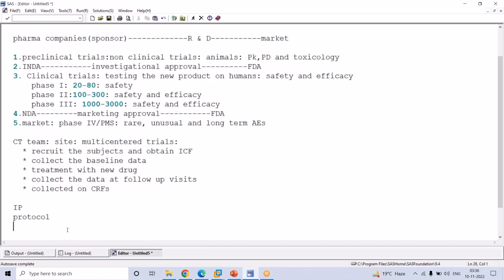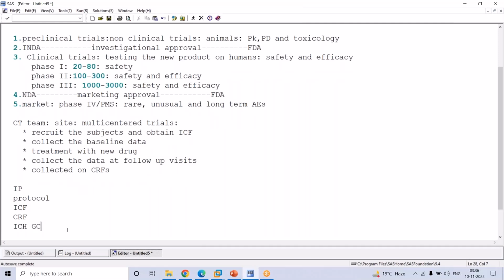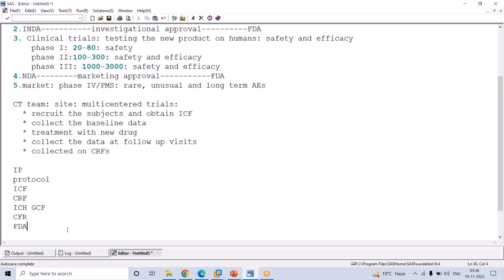You just need to know these: IP, protocol, ICF, CRF, ICH, GCP, CFR. You know FDA, the Food and Drug Administration. It is a regulatory body in the US. Each country has its own regulatory authorities. Basically, they review the data and decide whether to approve the drug.